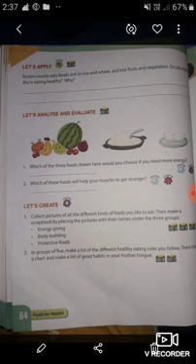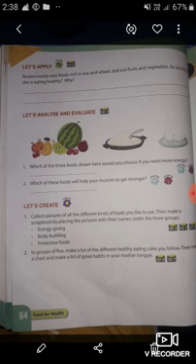In the next picture you can see that it is a picture of rice. And in the last picture you can see that these are eggs.